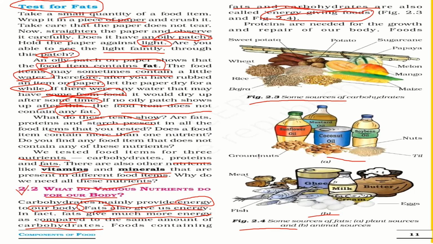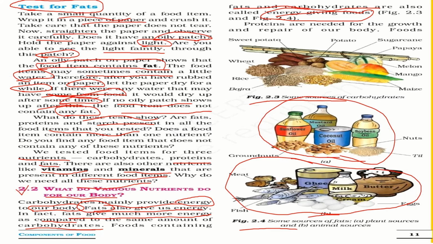The plant sources are groundnuts and nuts, and the animal sources are meat, fish, egg, milk. These are the foods that contain fat.